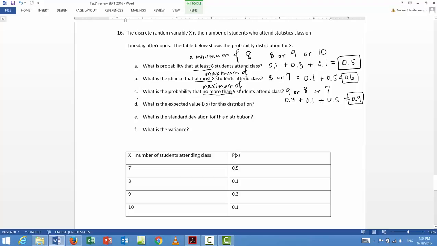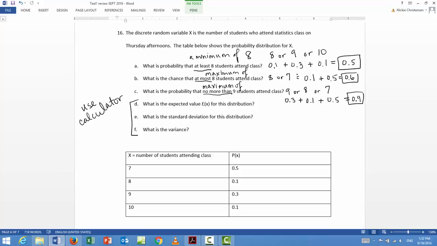Alright, then these three questions, you need to use your calculator. And on Blackboard, I've put a document with the calculator steps to follow. You just have to enter the probability distribution as a frequency distribution.